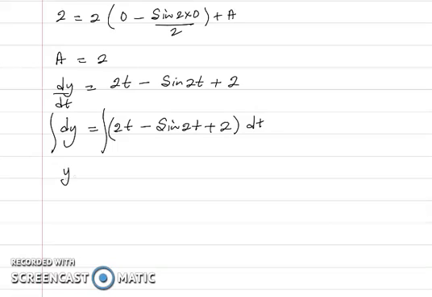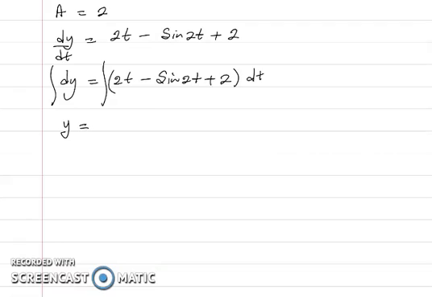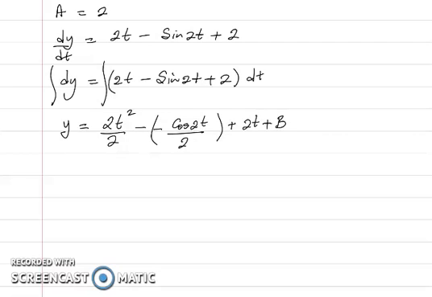So we're going to end up with y is equal to 2t squared divided by 2 minus, if I integrate sine, I'm going to get minus cos, so this is minus the cosine of 2t divided by the differential of the inside function, which is 2, plus 2t plus b, which is our second arbitrary constant.